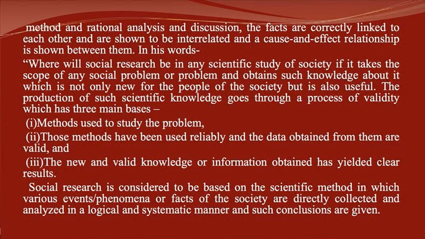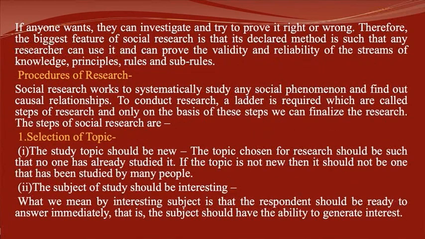Social research is based on this scientific method, in which various events, phenomena or facts of the society are directly collected and analyzed in a logical and systematic manner, and such conclusions are given just like an open book.